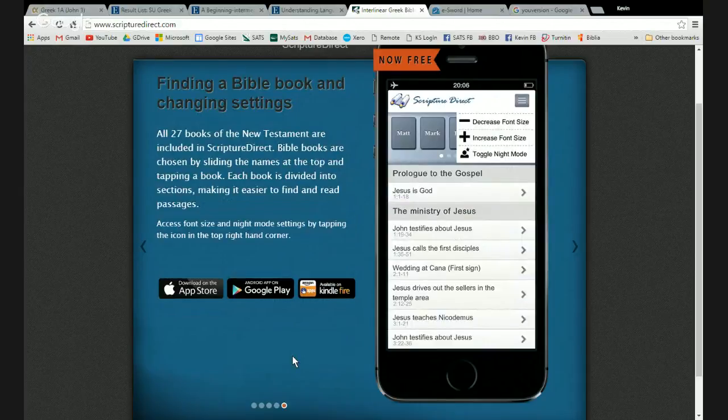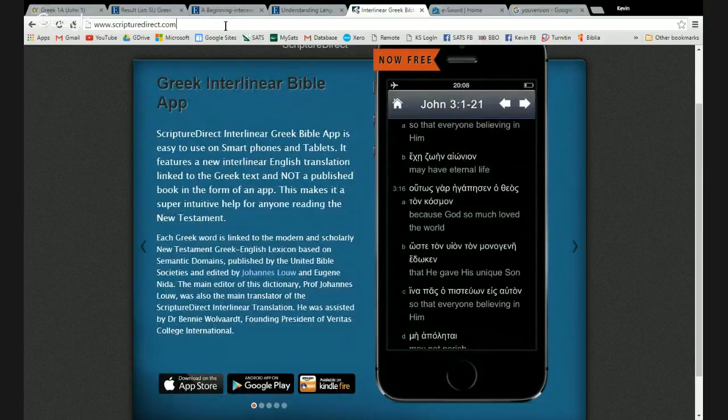So it gives vocab in an interlinear tagged form, and if you need a little bit more, you can open a good lexicon and check parsing information on the fly. So scripturedirect.com, it's not Septuagint, unfortunately, Craig, but it is useful for New Testament. So I've downloaded this, and I think it's a nifty quick access tool. Commend it to you.